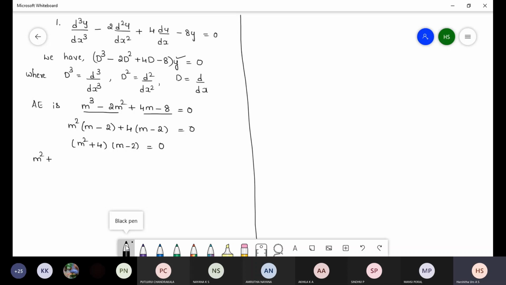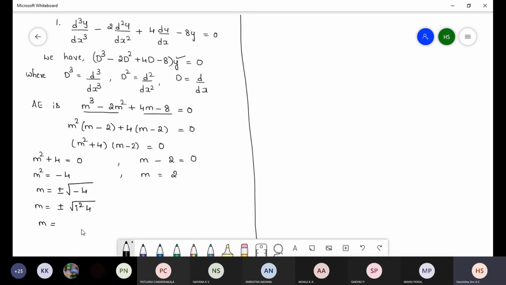So here I write m square plus 4 is equal to 0, and here m minus 2 is equal to 0. So m square is equal to minus 4, m is equal to 2. So how do I have to write here? m is equal to plus or minus root of minus 4. m is equal to plus or minus, minus I can write as i square into 4.